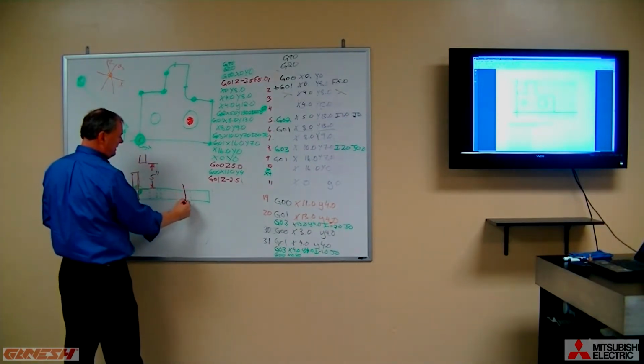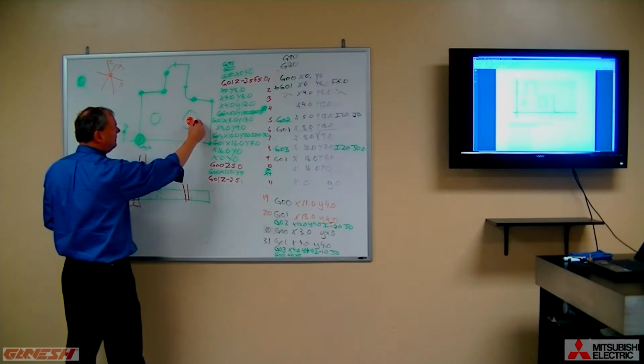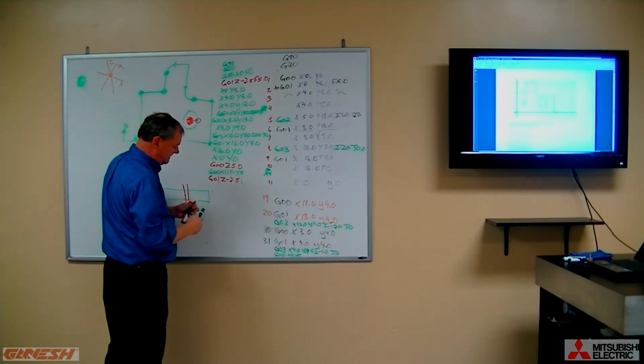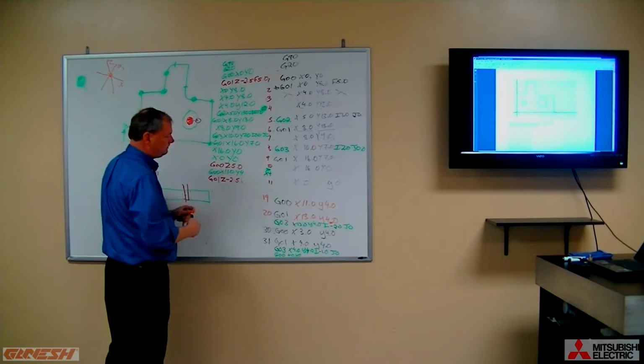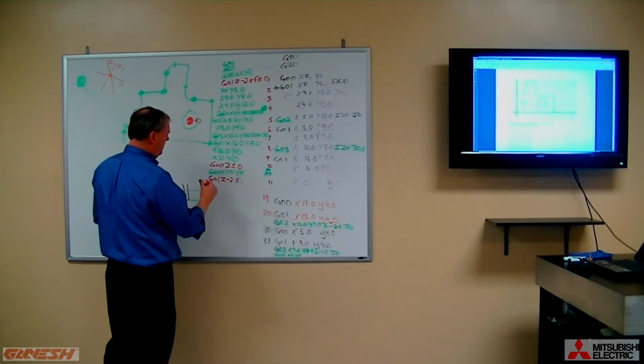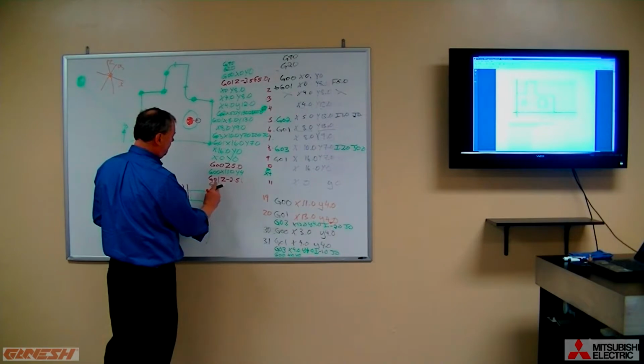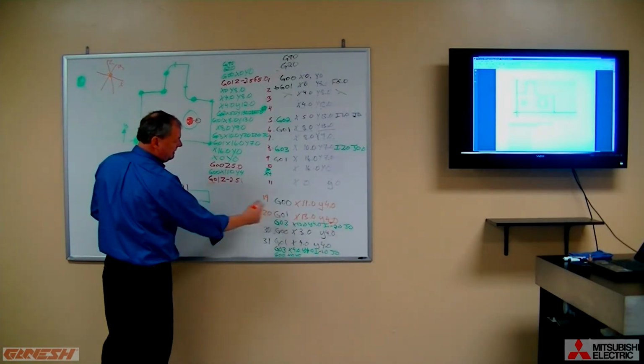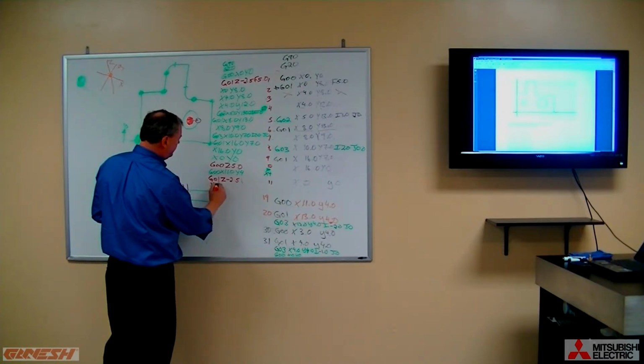So we're sort of sitting right here now, ready to do this circular interpolation. So now I'm going to say G01. Since I already set G01 on the Z move, I don't need to repeat it. So I can simply go to X13 now, Y 4.0.